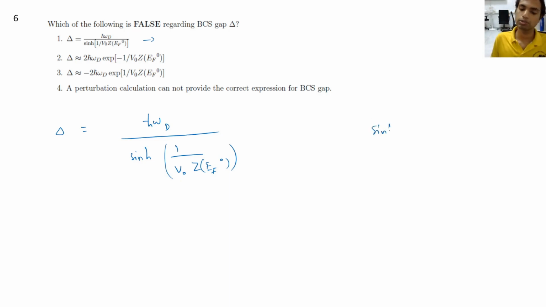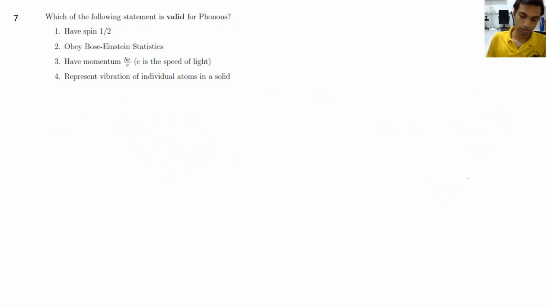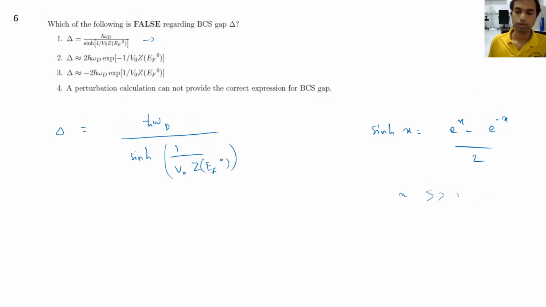So sine hyperbolic x is e to the power x minus e to the power minus x over 2. When x is really large, sine hyperbolic x can be represented as e to the power x by 2.